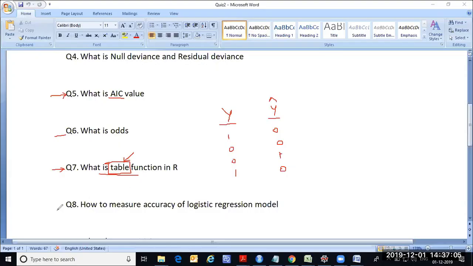How do we measure accuracy of a logistic regression model? But that's not the accuracy, right? It just tells us which model is performing better. But if you have only one model, if I ask you, how accurate is your model? How do you measure that?